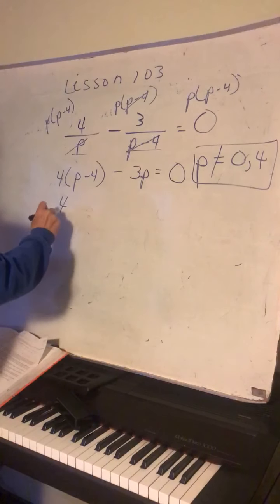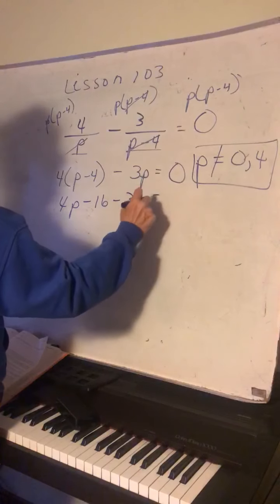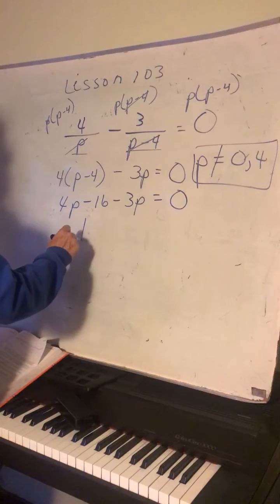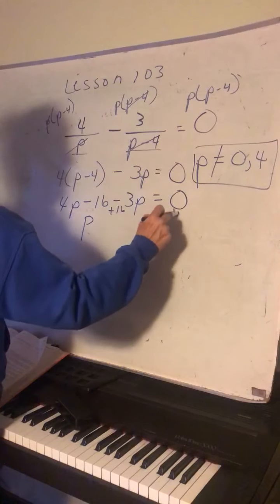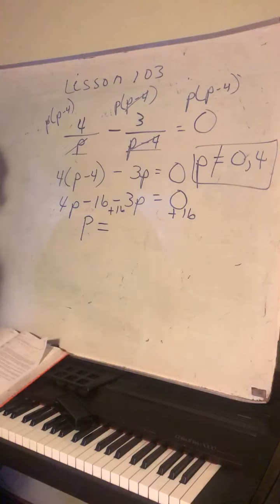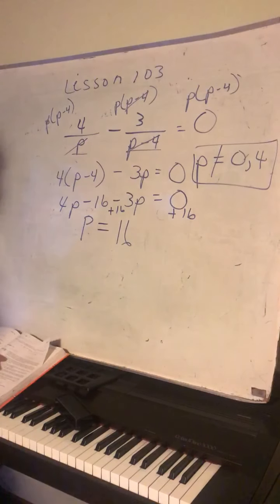This becomes 4p minus 16 minus 3p equals 0. This is 1p, right? 4p minus 3p is 1p, and then let's plus the 16 here and plus the 16 here. So p equals 16. Okay, that is the end of lesson 103.